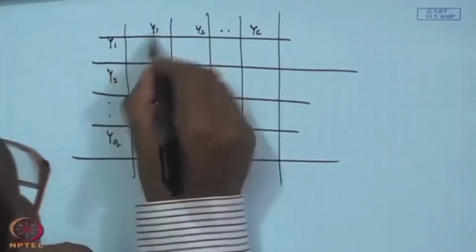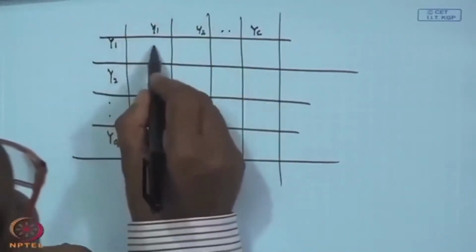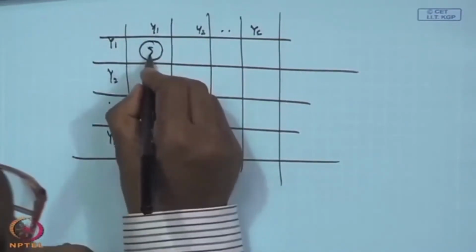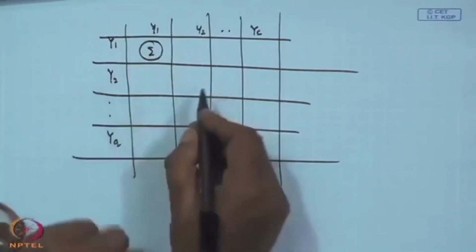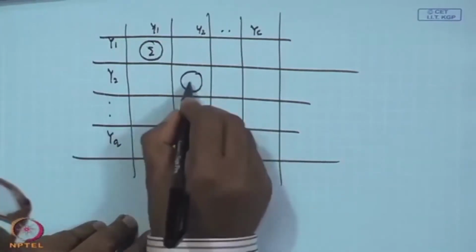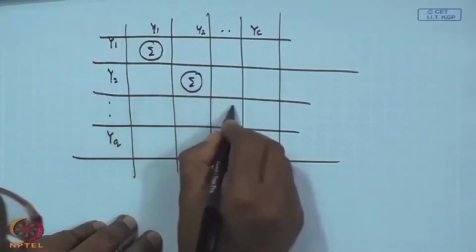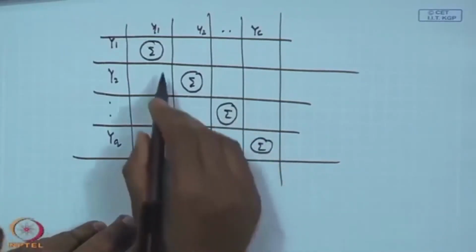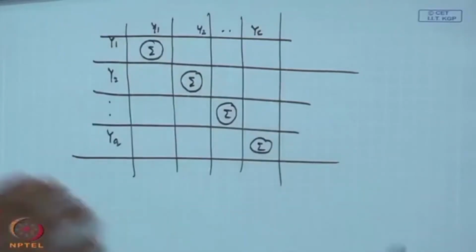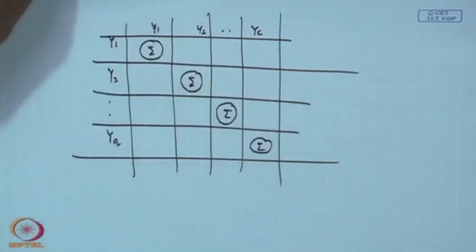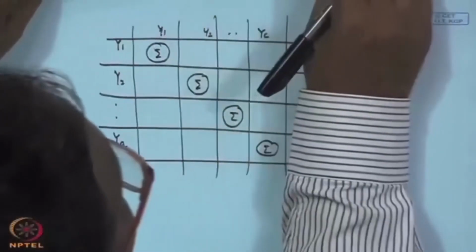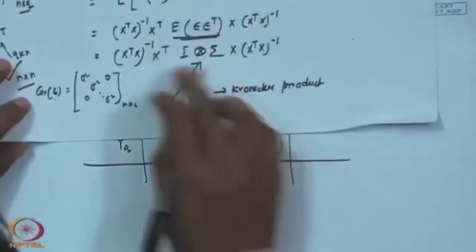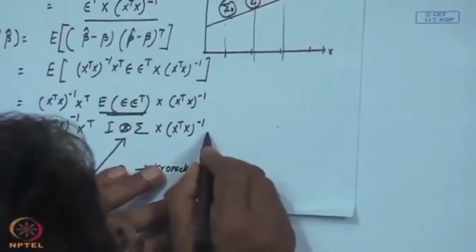You get y1 versus y1, and here you will get sigma, here also sigma, here also sigma. So that is why this Kronecker product is coming because of this. You will get this type of relationship.